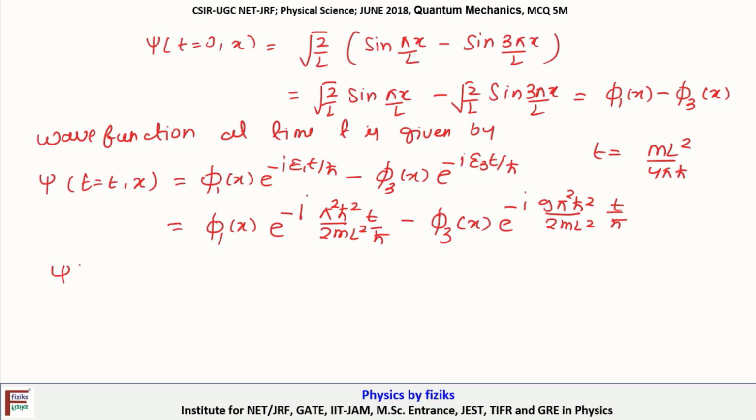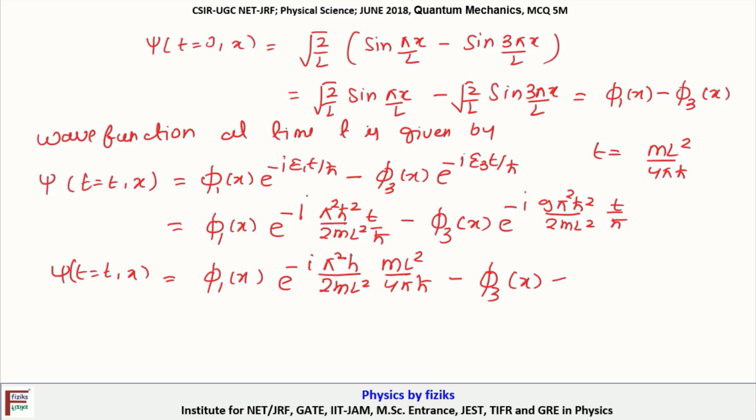Now psi at t equals that t and x will be phi 1 x e to the power minus i pi squared h cross by 2 m L squared into m L squared by 4 pi h cross, minus phi 3 x e to the power minus i 9 pi squared h cross divided by twice m L squared into m L squared by 4 pi h cross, h cross cancel.